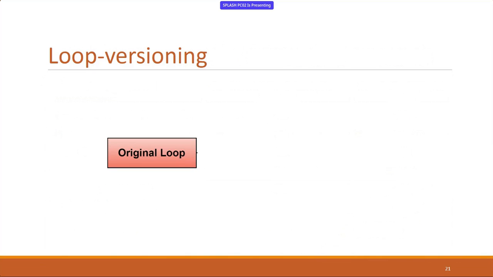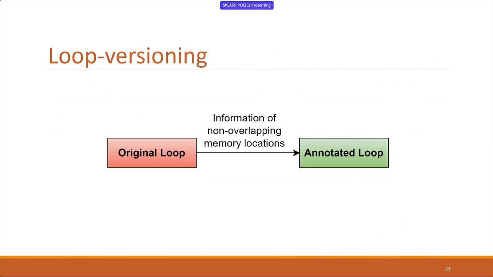At first it creates a copy of the loop and annotates it with the non-overlapping memory locations information that belongs to the body of the loop. This modified version is what we call the annotated loop. So the output of loop versioning is two copies of the loop, annotated and original.